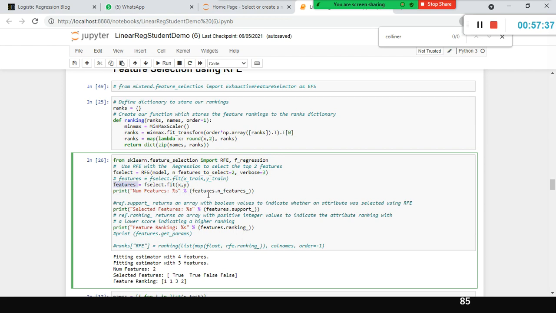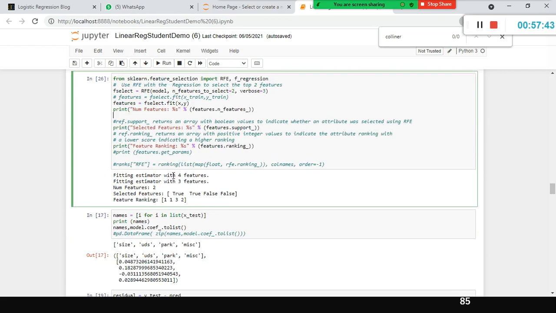Now if you use features.n_features_, this is the variable name available as part of the features. It tells you how many features there are in total, and then features.support_ shows the selected features: true, false, true, false, false.